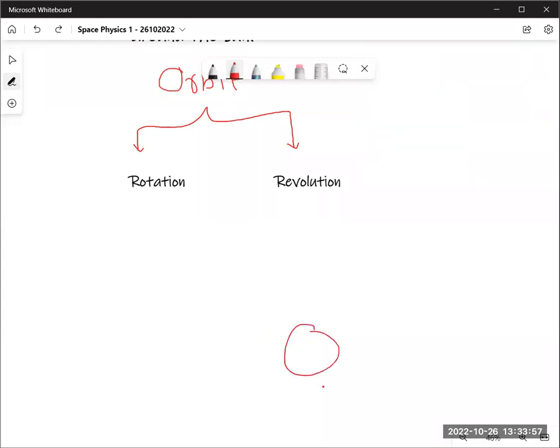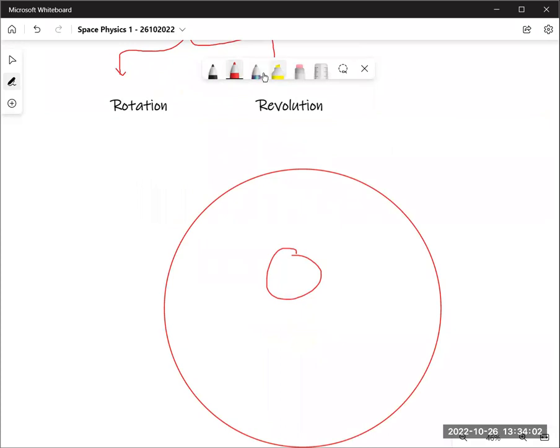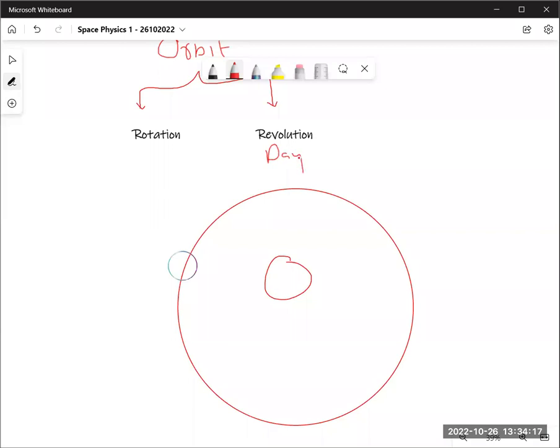And we have planets around it, and this is our Earth. The Earth going around the sun is called revolving around the sun. That causes days and years. This causes, let's just call it year, and this causes night and day.